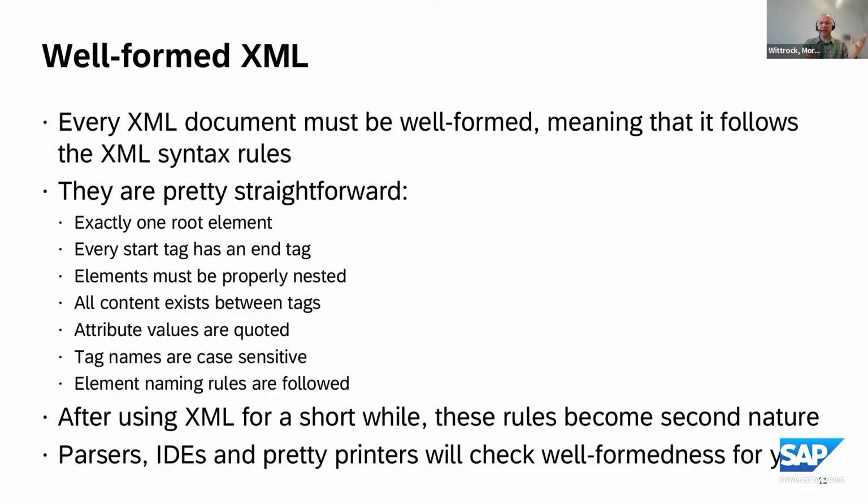Every start tag must have an end tag. The elements must be properly nested. All the content you have in your document must occur between tags. Attribute values must be quoted with double quotes. Tag names are case sensitive, unlike HTML, for instance. And there are some element naming rules to be followed, like an element name must start with a letter or an underscore.